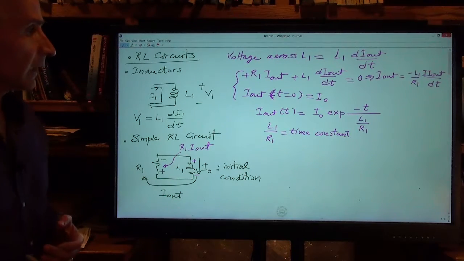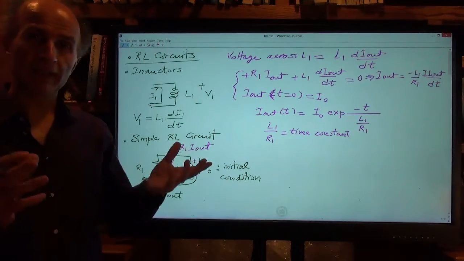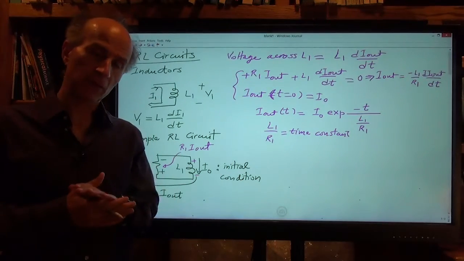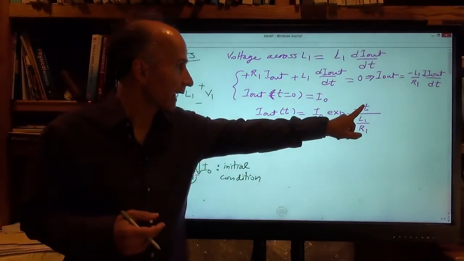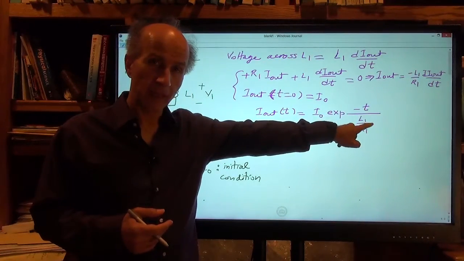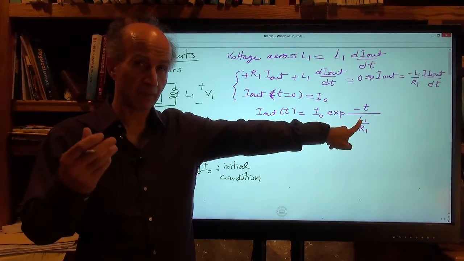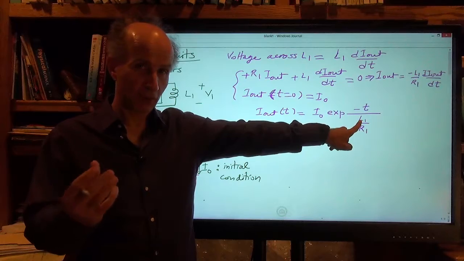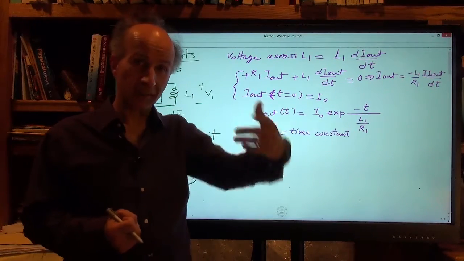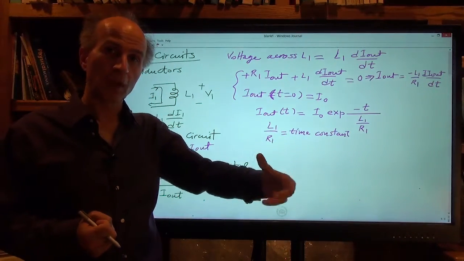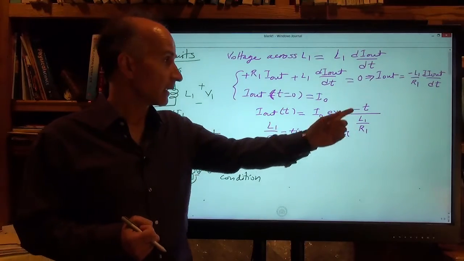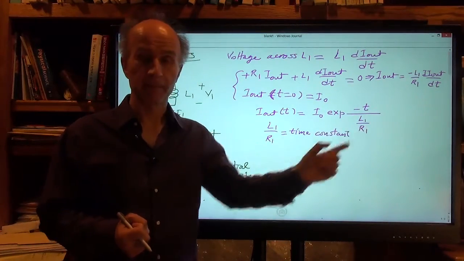All right, now in both cases, the RC circuit and the RL circuit, we saw that we had a t here and then we had a time constant here. Time constant obviously has to have the unit of time, the dimension of time, right? Now, is that a coincidence? Why should it be that this is time and this should also be time?